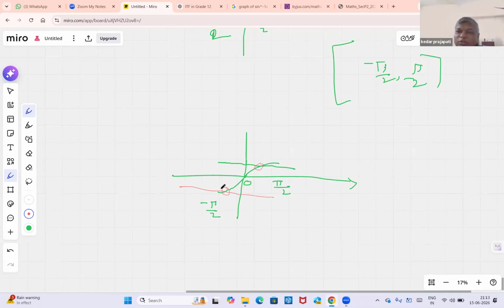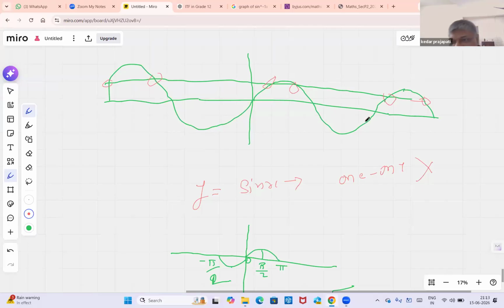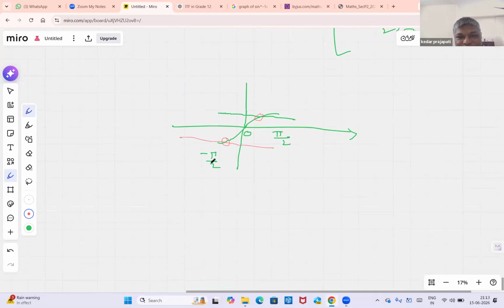Okay? So even though the graph y equal to sine x was not a function, when we restricted it between minus pi by 2 and pi by 2, it became a function. That's the reason.